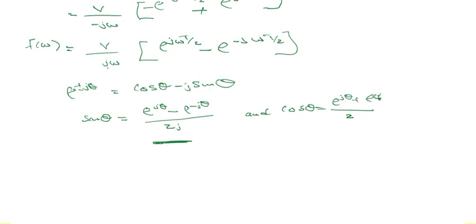So we can utilize this in our equation, since we are having something related to this. Here we are having j, and here we are having exponential j omega t over 2 minus exponential minus j omega t over 2. So we are going to manipulate this equation for us to utilize this.